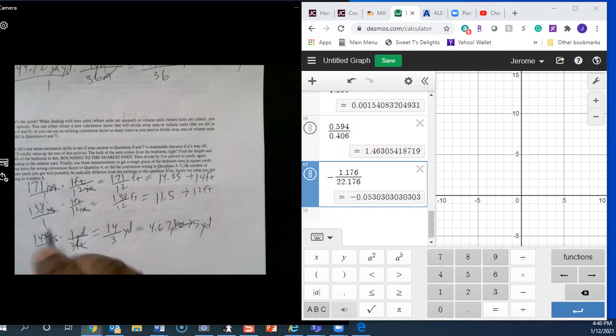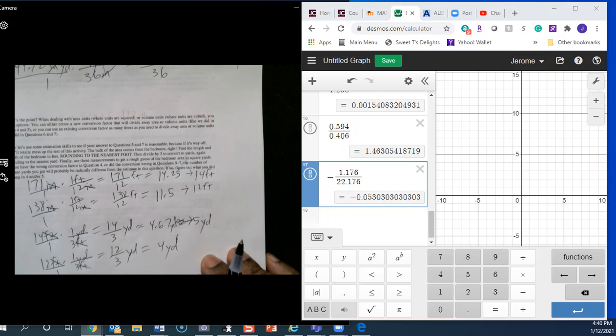Okay, so now we had 12 feet times 1 yard over 3 feet. We'll put this over 1. These feet will simplify out. This will be 12 over 3 yards, which is actually just 4 yards. So we don't have to do anything to that.